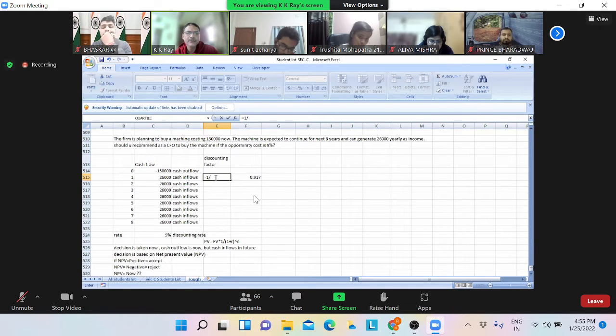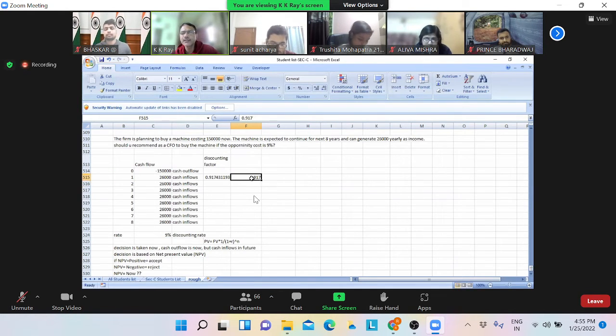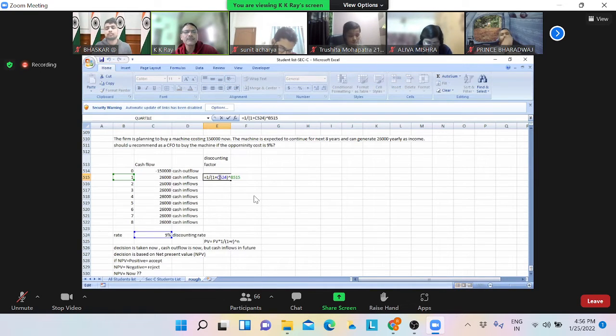1 by (1 plus 9%) to the power 1. So you are getting the same amount. You see, table value is this. I also calculated this. What I will do is I will fix this one, put a dollar sign.